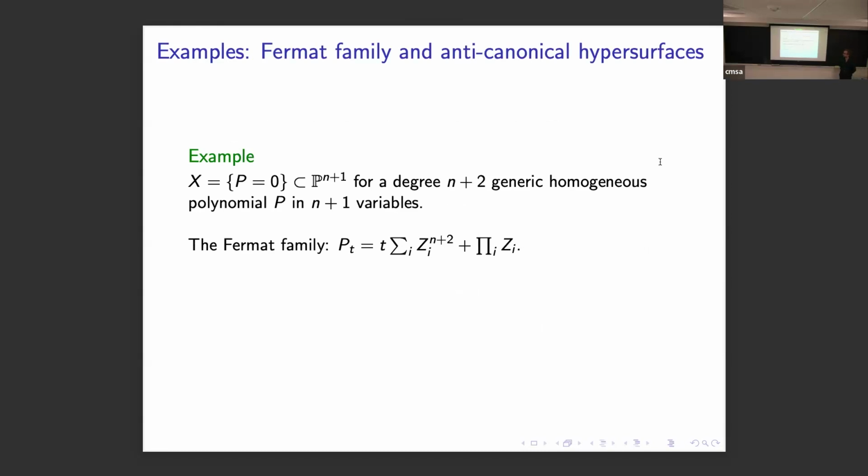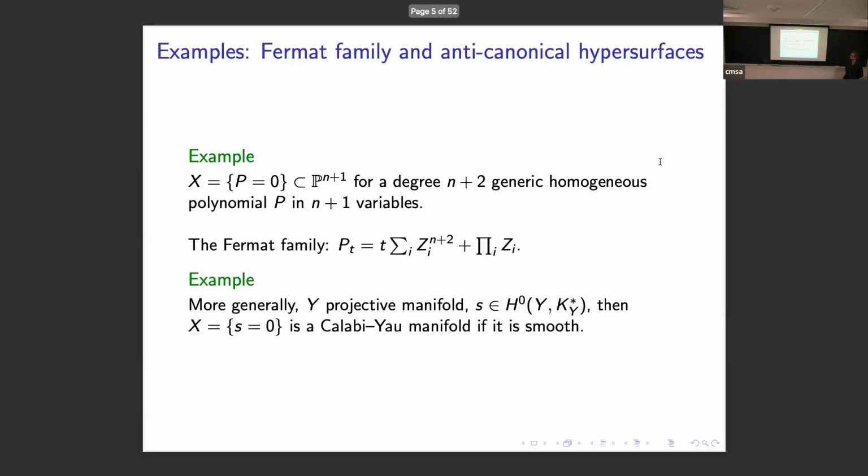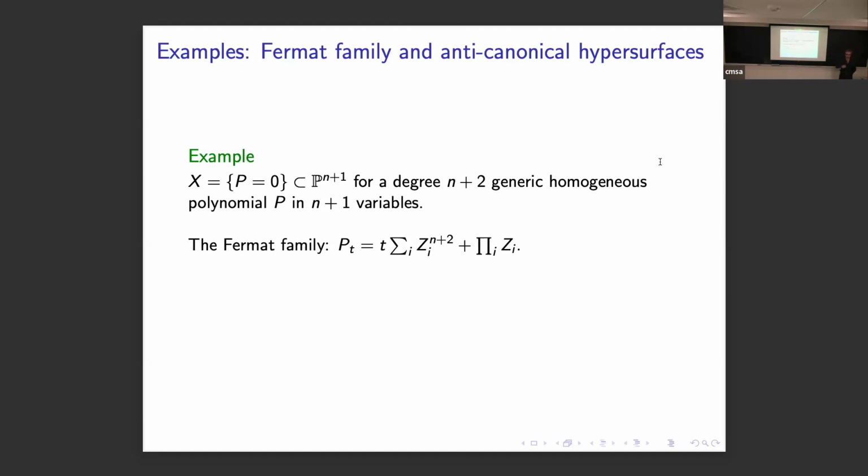So for the Fermat family, you take this family of polynomials. As t goes to 0, you degenerate into this very singular thing which is not irreducible, just a bunch of copies of low dimensional projective spaces. So you can imagine that the metric has to degenerate quite severely. And it's also an example of this large complex structure limit, which Jan told us about.